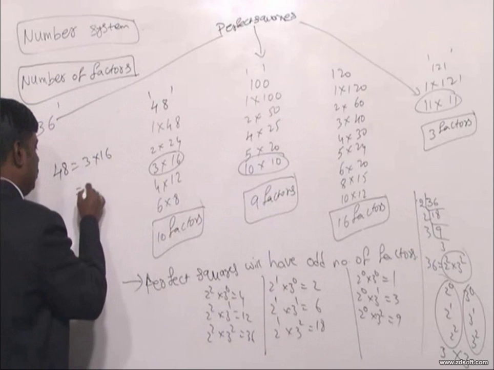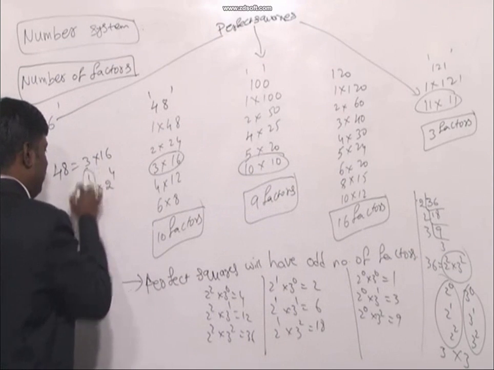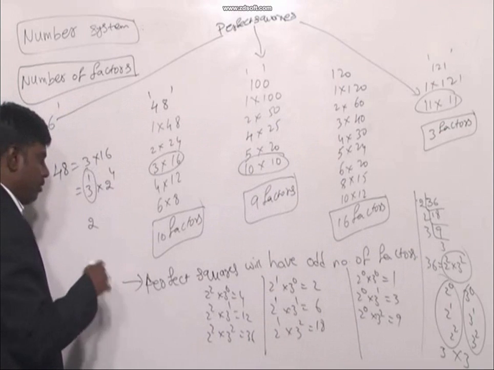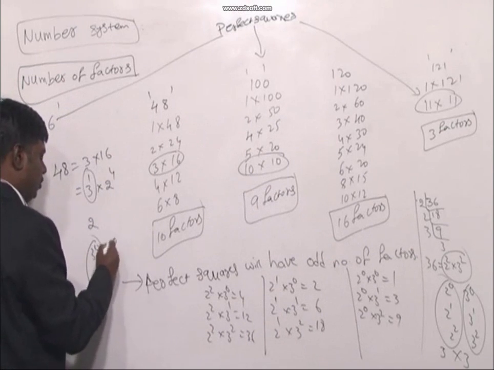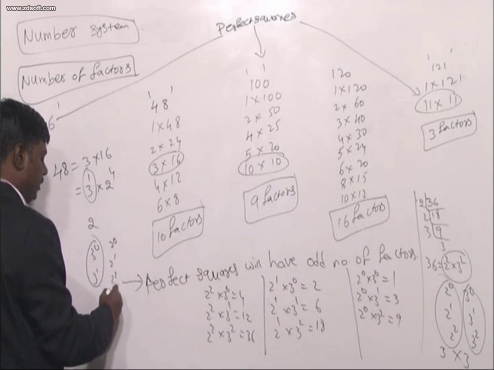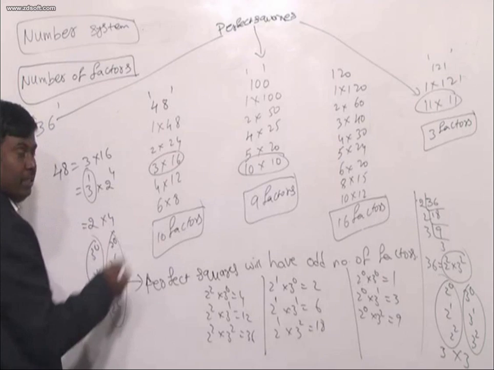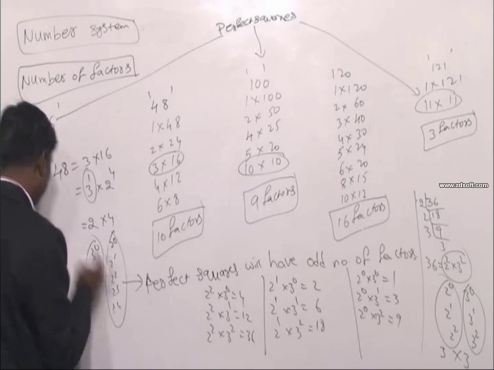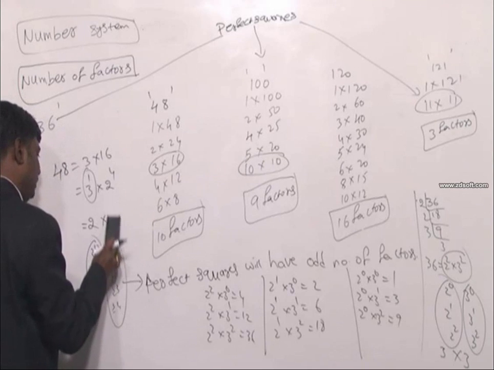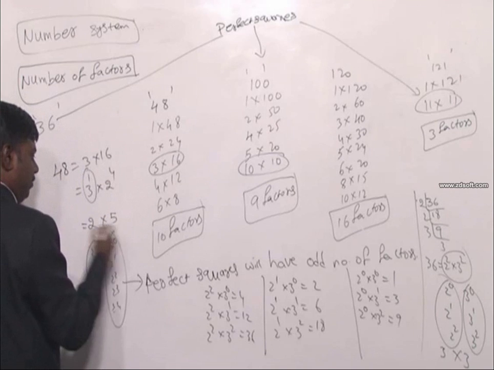So 3 power 1 into 2 power 4. 3 power 1 has how many factors? 2 factors, 3 power 0, 3 power 1. Similarly, 2 power 4 has how many factors? 2 power 0, 2 power 1, 2 power 2, 2 power 3, 2 power 4. 5 factors. So that is simply 4 plus 1, 1 plus 1. 2 into 5, 10 factors.